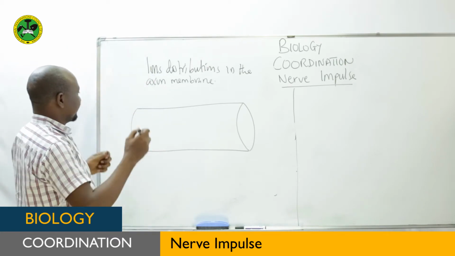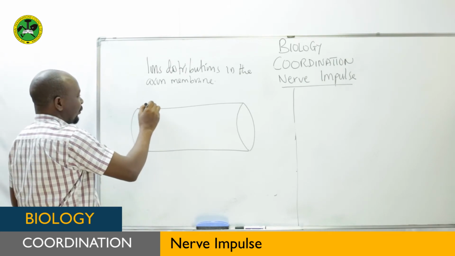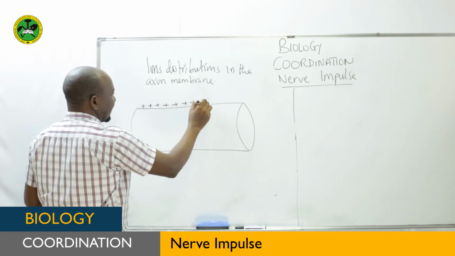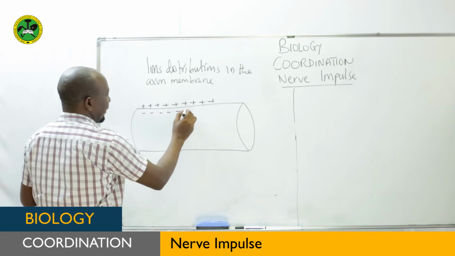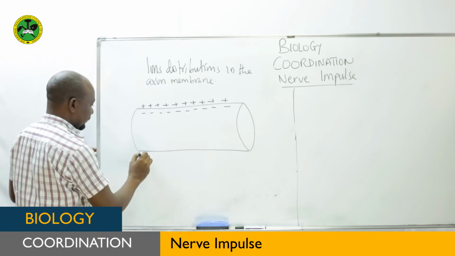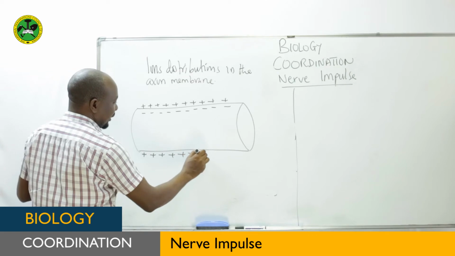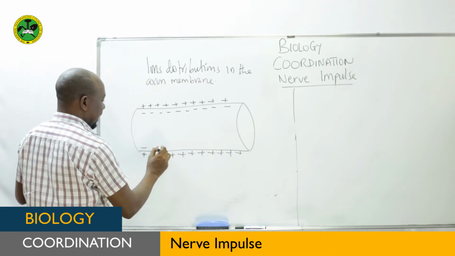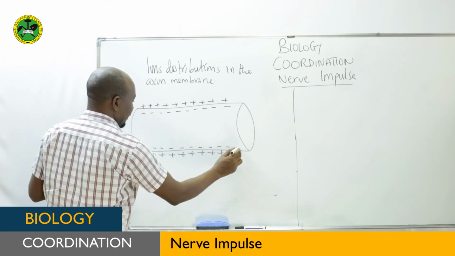It is charged with positive ions outside when at rest and negative ions inside when at rest. So the outside of the membrane of the axon is positively charged, and the inside is negatively charged.